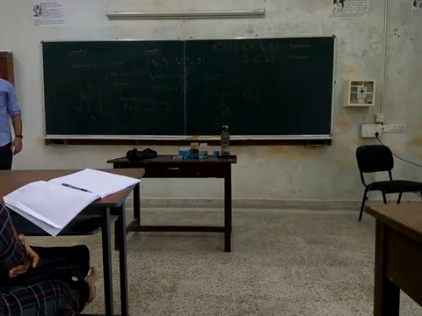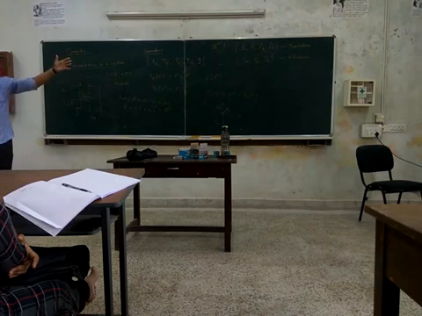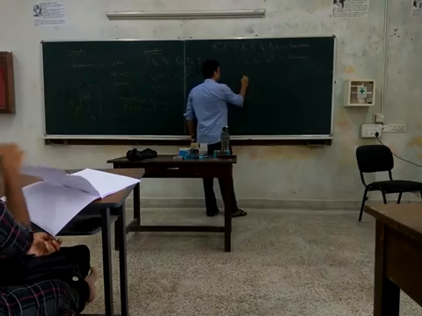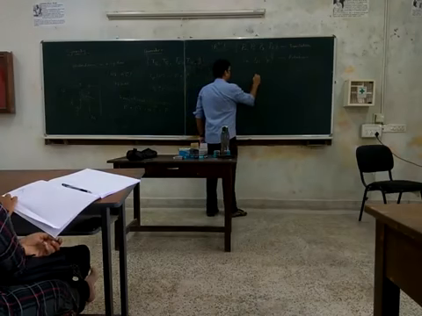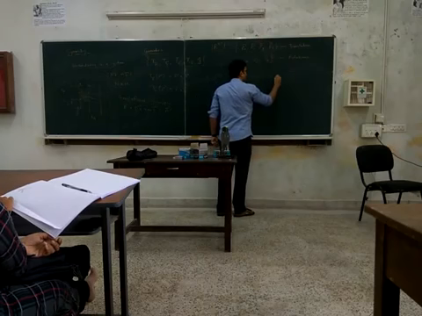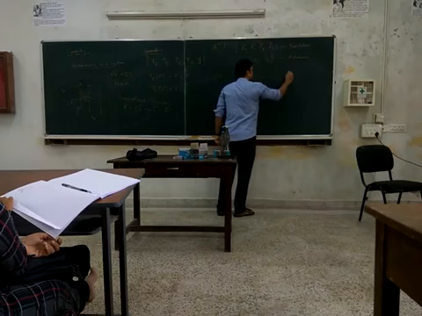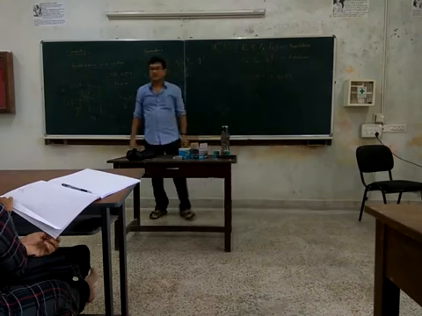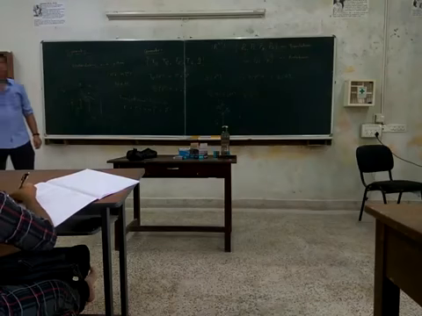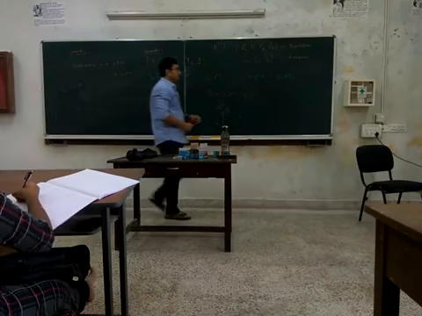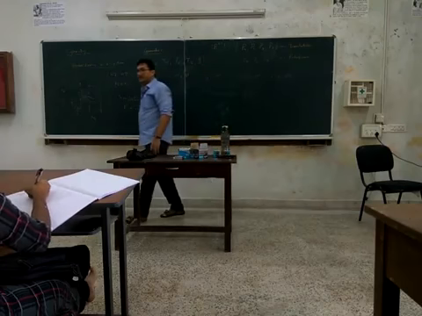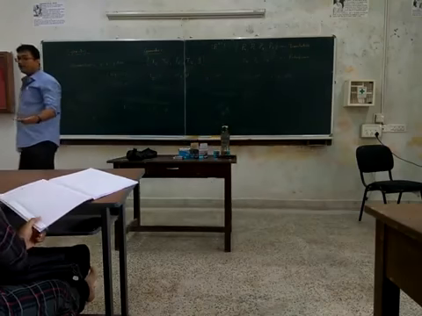At most you would get Jz acting on psi of r giving some lambda times psi of r. So what does this equation remind you of? This looks like an eigenvalue equation, right?